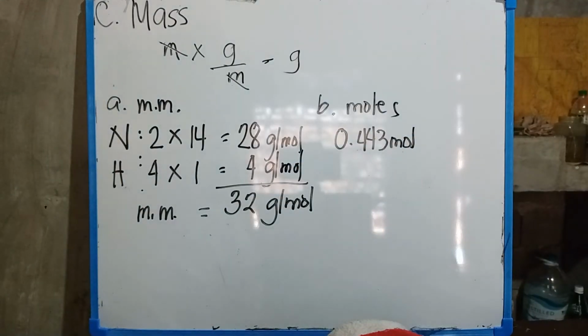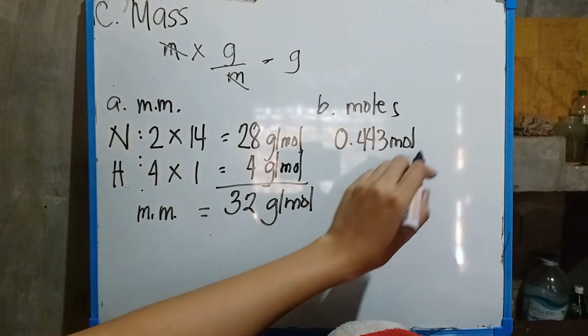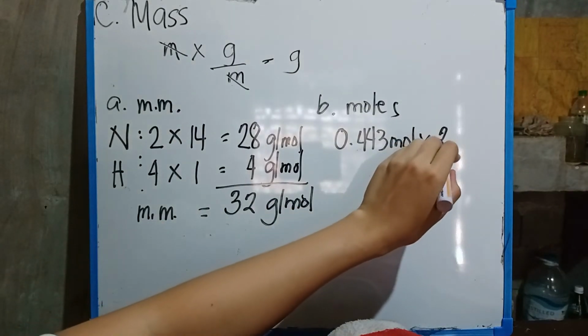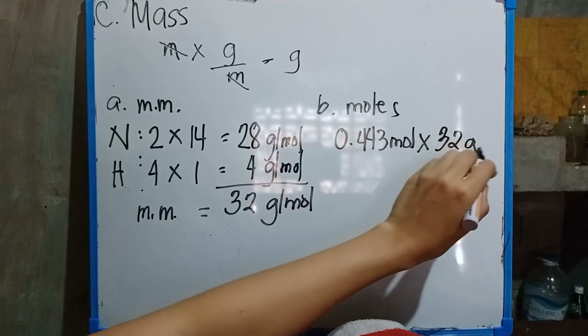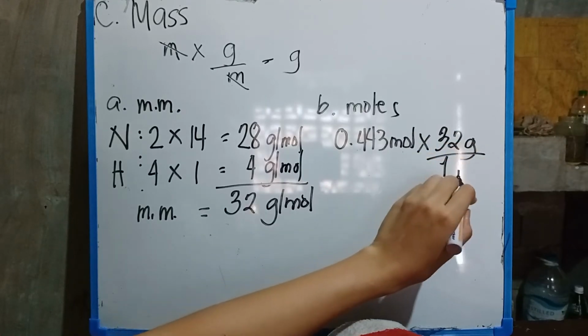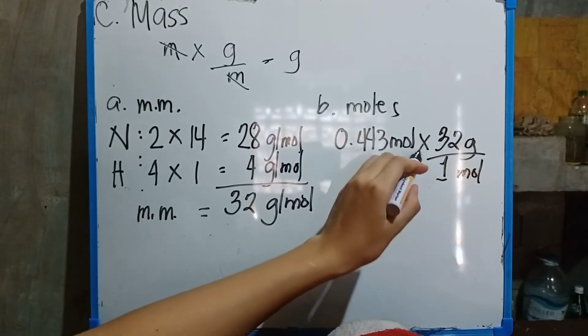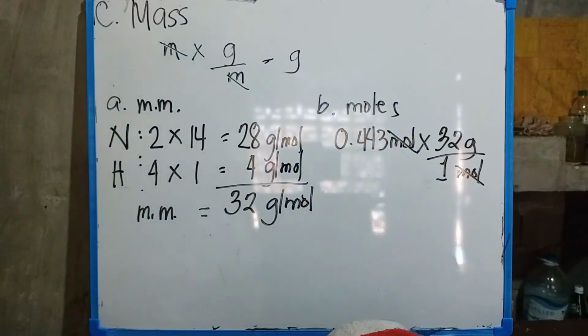We have our molar mass, which is 32 grams per mole, so 32 grams over 1 mole. So the mole cancels out. When the mass is what we're looking for, class, the gram goes on top and the mole at the bottom. But when the mole is what we're looking for, the mole goes on top and the gram at the bottom. So 0.443 multiplied by 32.